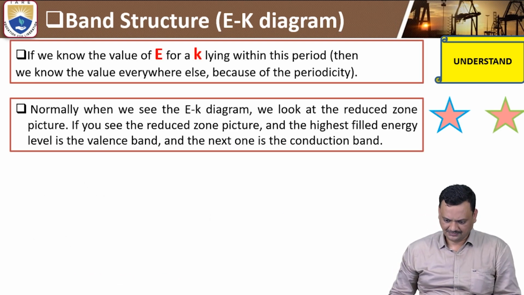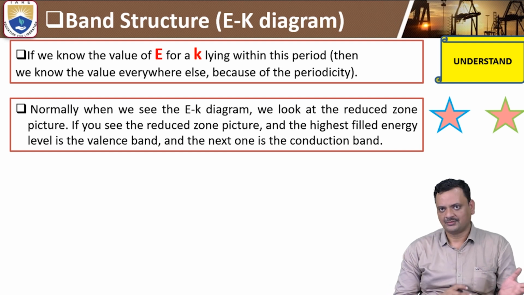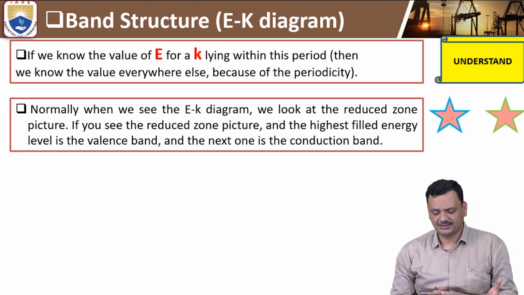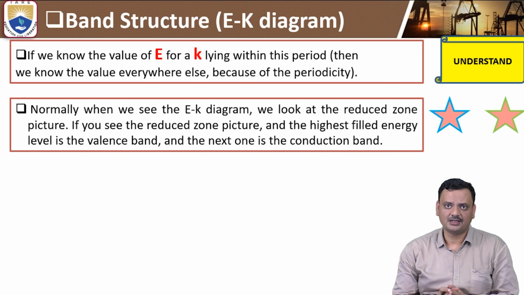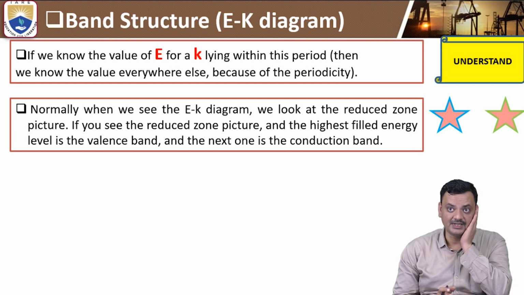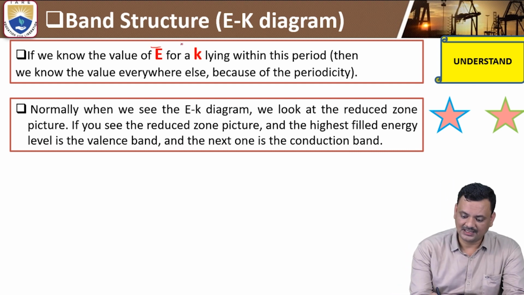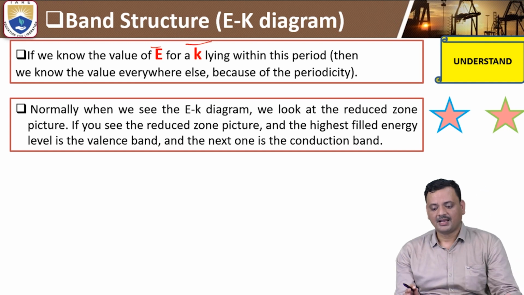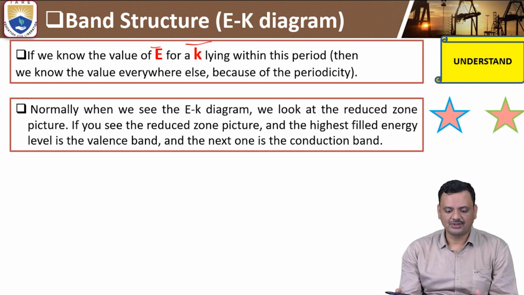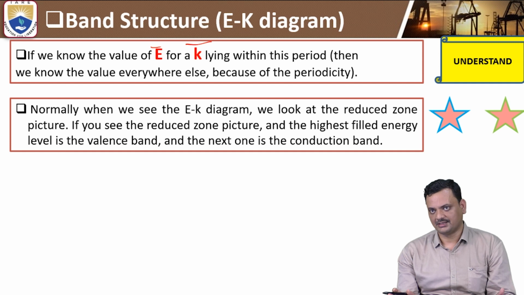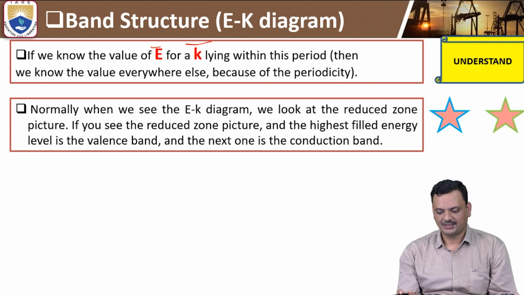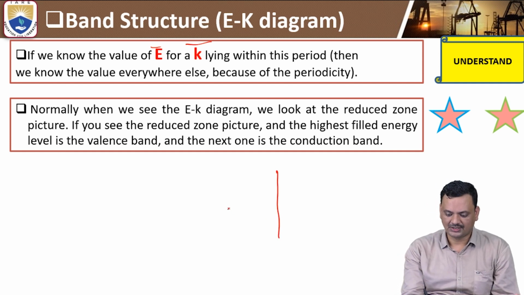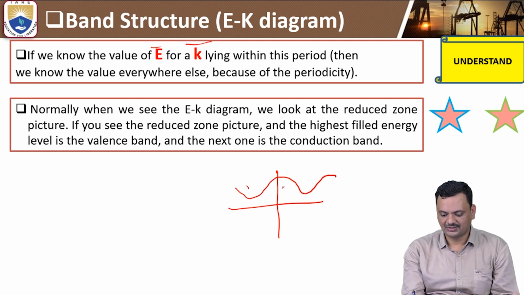Whatever I already discussed, the same thing is written here. If we know the value of E and K, energy and wave vector K, lying within this period, then we know the value everywhere else because of the periodicity in nature of these values.